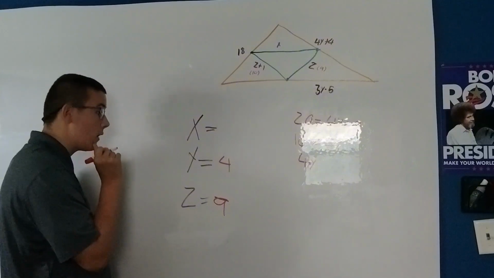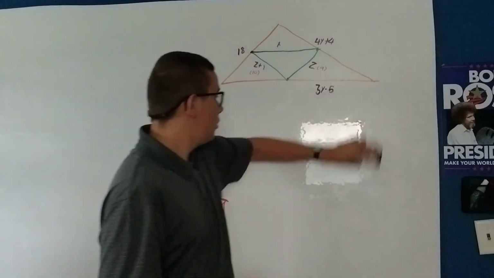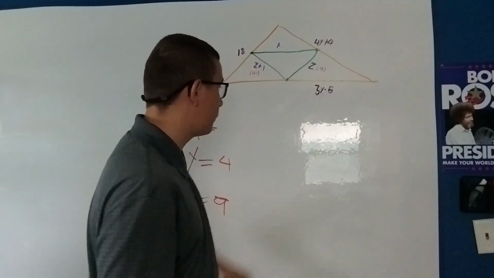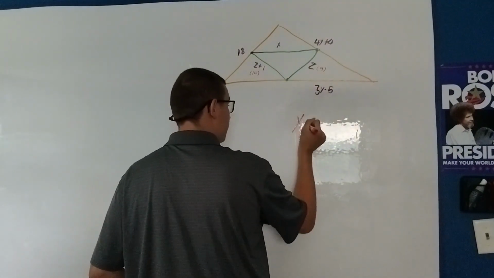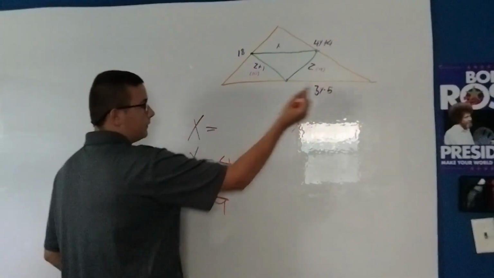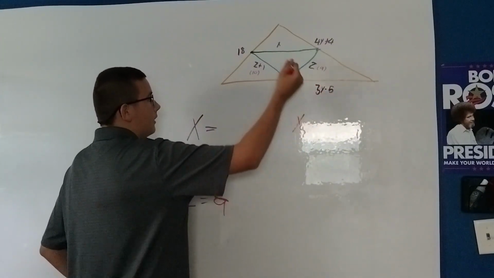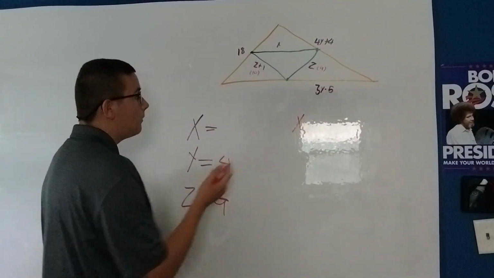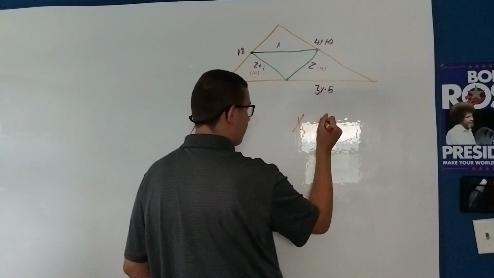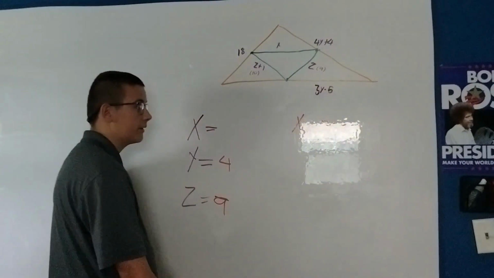And then for x, well, we can plug in here. We know that x equals 3y minus 5, right? So we know x equals, because this is half of this entire length, and so is x. We know that that is half of that. So we know x equals this, 3y minus 5, like that.